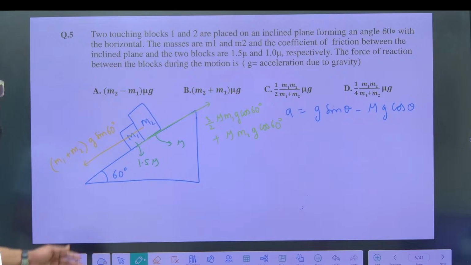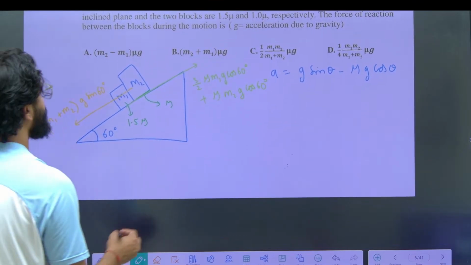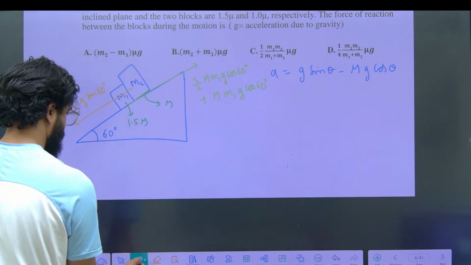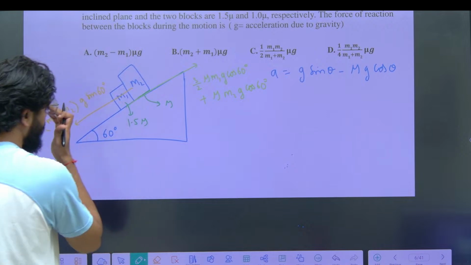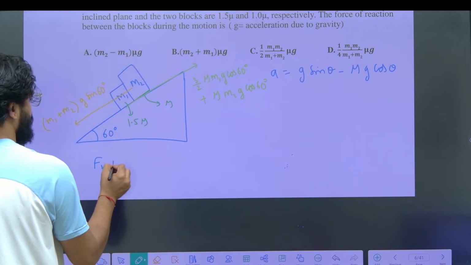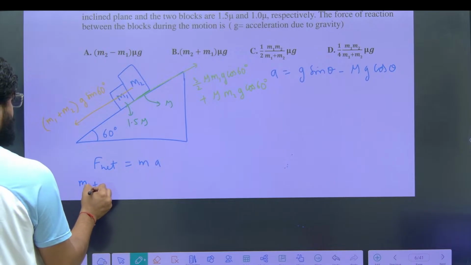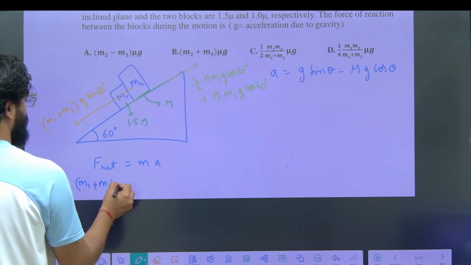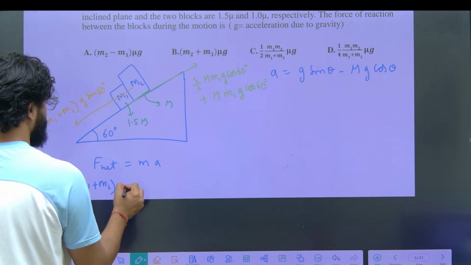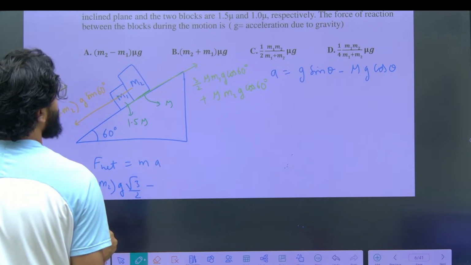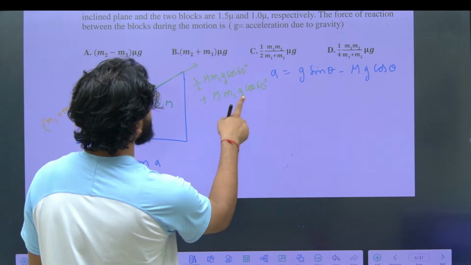Okay, so now we can calculate the common acceleration. What is the common acceleration? Let's use blue pen, F net equals ma, so it will be (m1 plus m2) g sine 60, which is root 3/2, minus, can we take few things common?